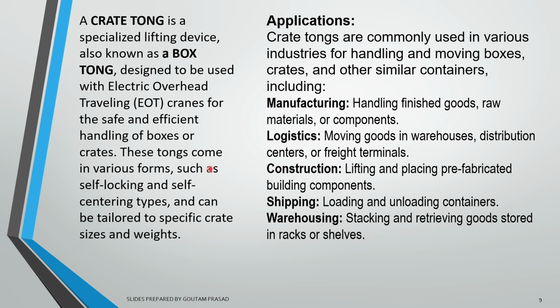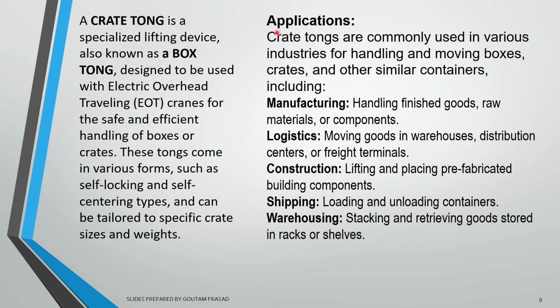These tongs come in various forms such as self-locking and self-centering type, and can be tailored to the specific crate size and weight. So, if you order with the manufacturer according to the size of the crate, they will perhaps develop a tong for you according to the size of the crate or box you have.